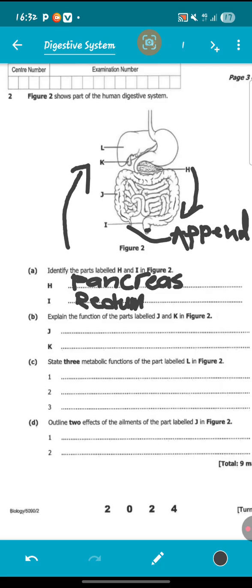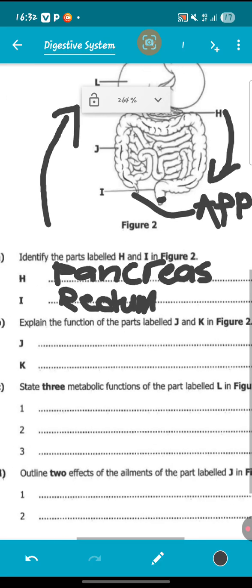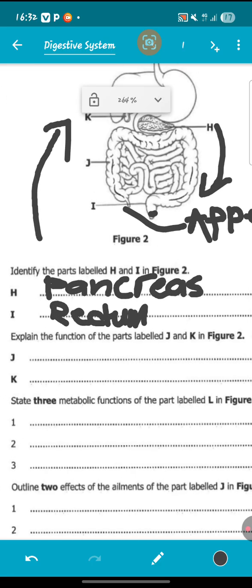When you eat something or drink water, the water, mineral salts, as well as the vitamins will be absorbed in your large intestine. You can just pick one.